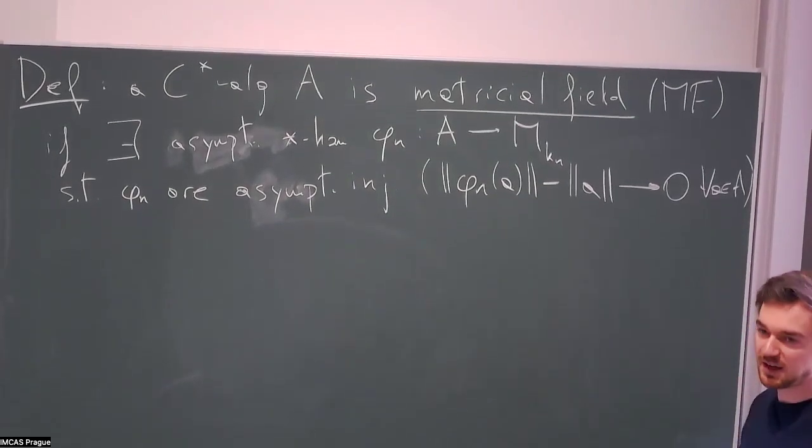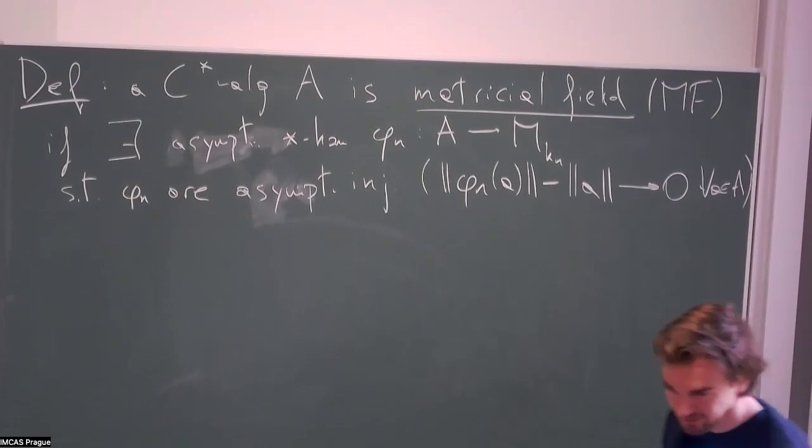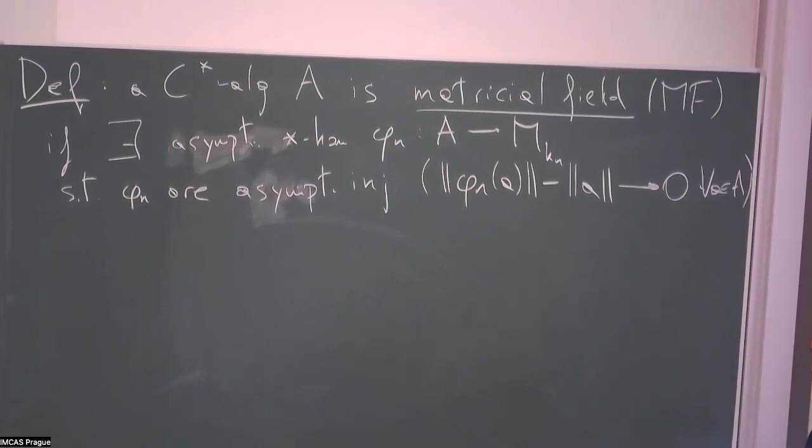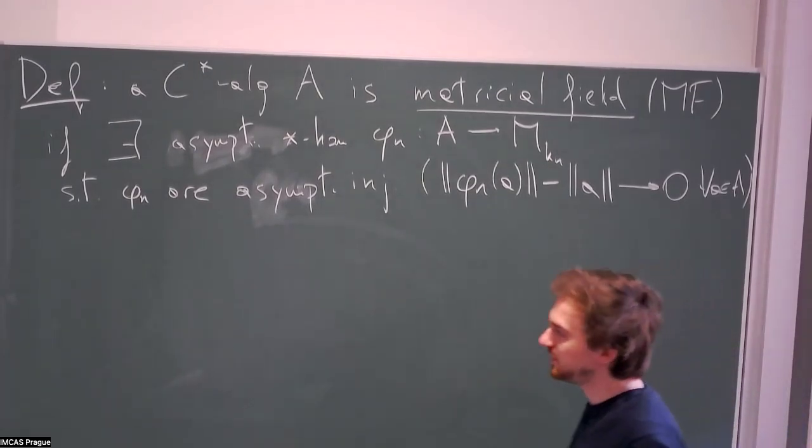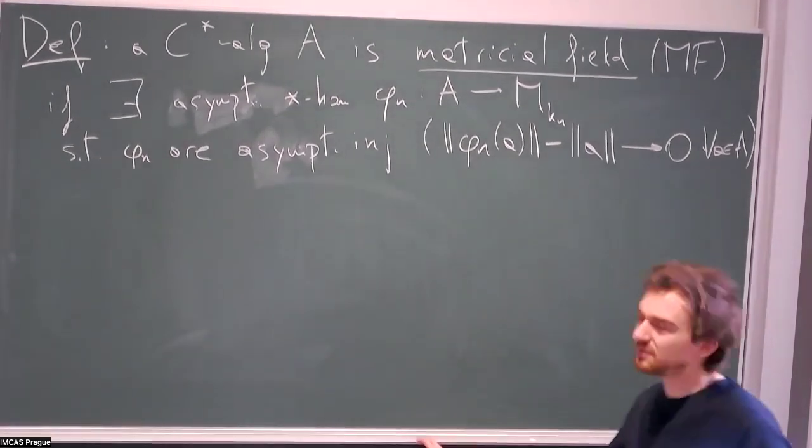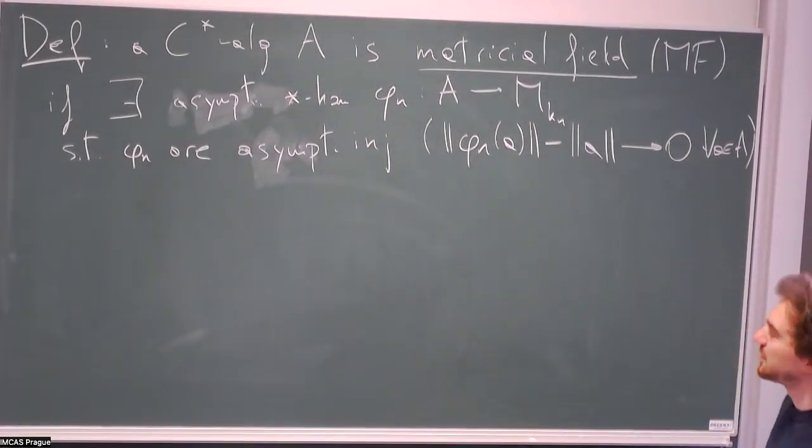Technically speaking this is isometric, but for C-star algebras, being isometric and being injective is equivalent. So that's the point of calling them injective.